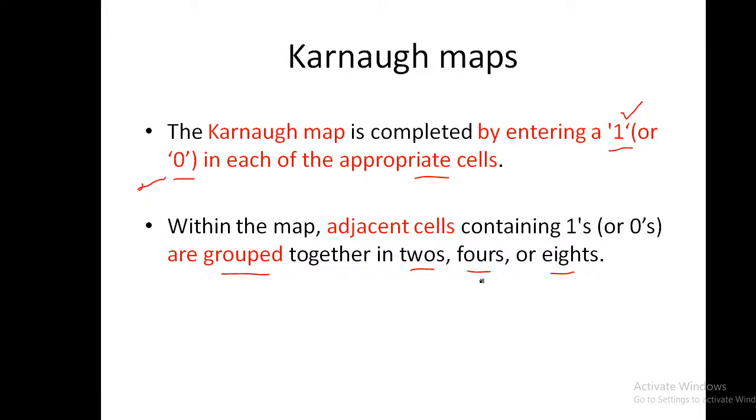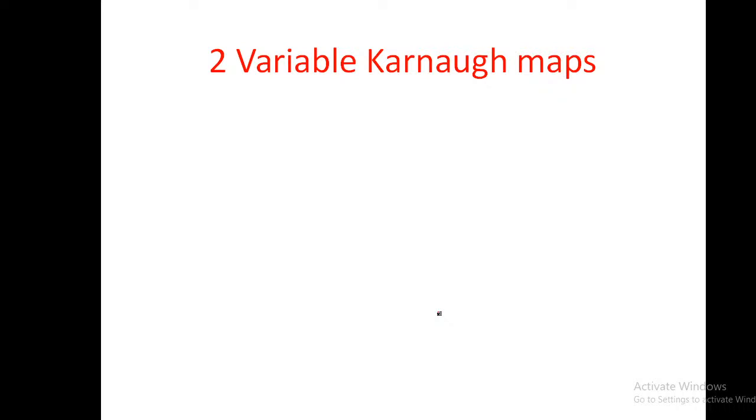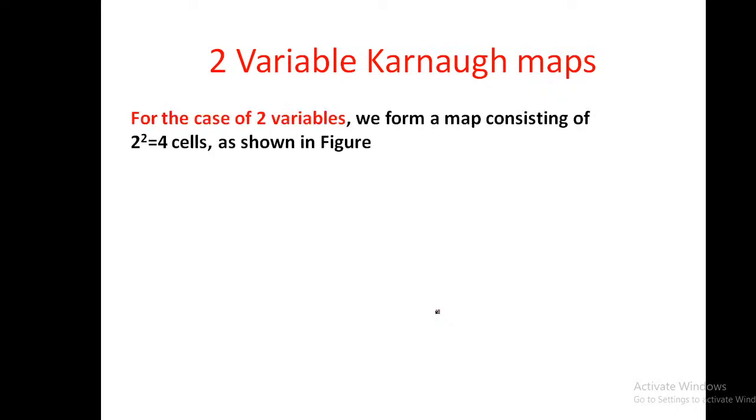Now, for the Kmap variables, I told you 2 variable, 3 variable, 4 variable and 5 variable. We will be solving all the 4 types of problem in due course of time. Now, I discussed 2 variable yesterday.